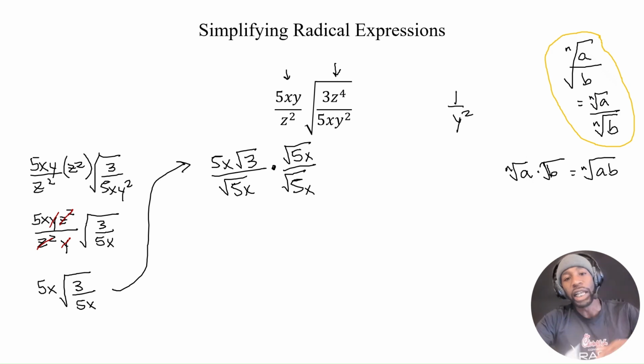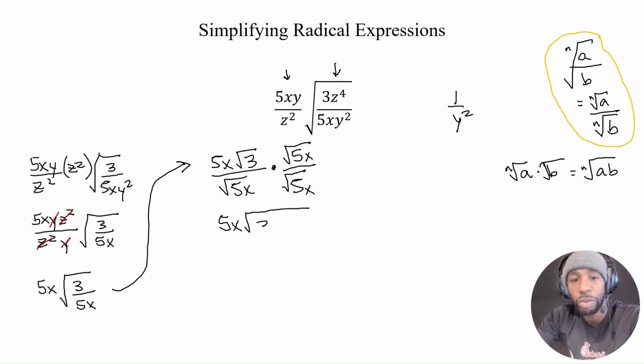So that's going to apply up top. So you have 5x times 3 times 5x. They're the same index, so that's why you can combine them underneath like that. And then the square root of 5x times the square root of 5x is just 5x. These go away to 1. So your final answer is going to be the square root of 15x.